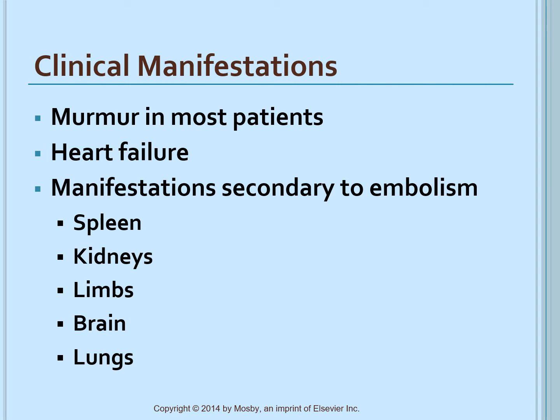For the brain, I would have symptoms of a stroke, so aphasia, ataxia, change in level of consciousness, visual changes, hemiplegia. For our lungs, these would be the same symptoms I would have for a pulmonary embolism, so dyspnea, chest pain, hemoptysis. So lots of other things to think about with IE.